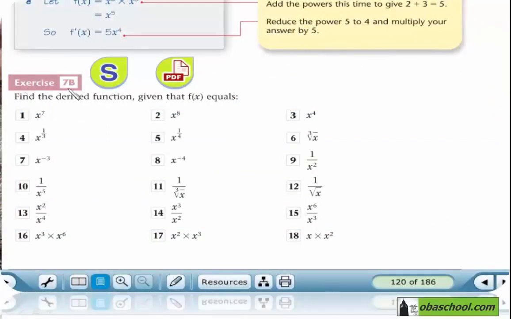After solving this example, we can go to set of exercises 7b, page 120, where we are asked to find the derived function given that f of x equal, and we have different examples. These examples are almost similar to the examples that we solved previously. So applying the rule that we studied, we will be able to find the final derived form for f of x.